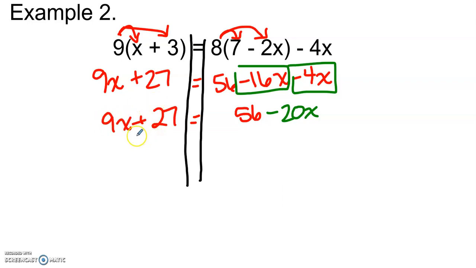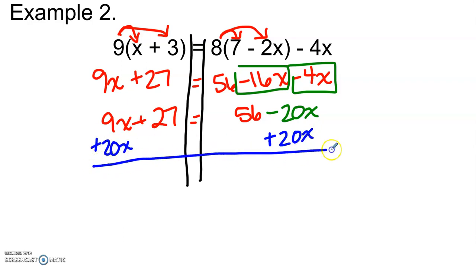All right, but now I do see that I have variables on both sides of my equation, so I do need to consolidate them to one side using my opposite operations. And again, I like to get my variables all to one side, so I'm going to add 20x to both sides of the equation. 9x plus 20x is 29x plus 27 equals 56, and these canceled out.